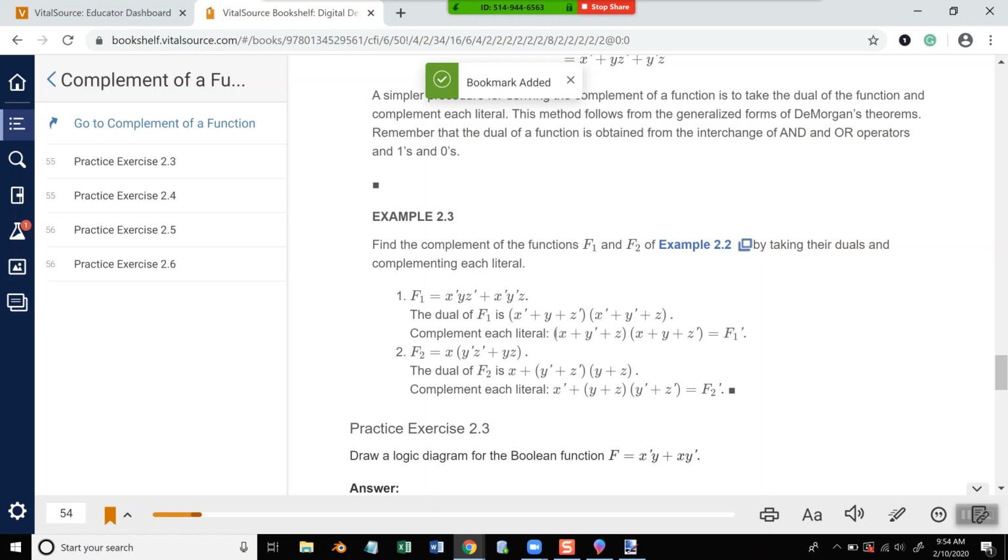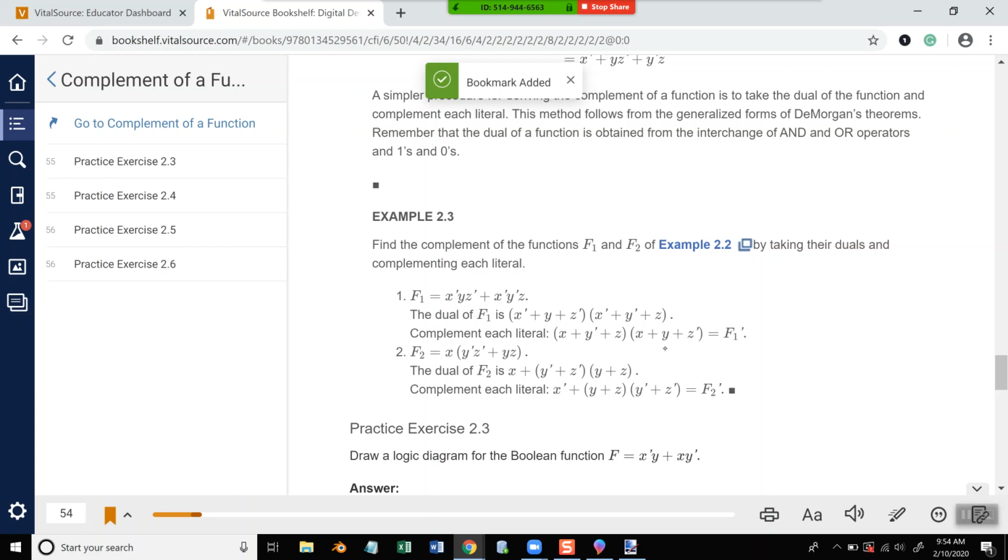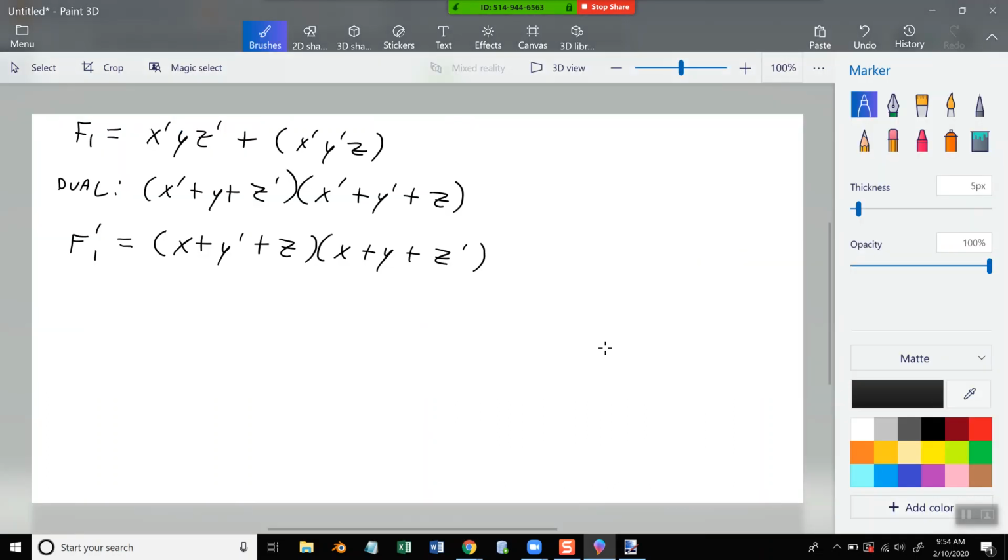The x prime becomes x, y becomes y prime, z prime becomes z, and so forth. So this is x plus y prime plus z, and x plus y plus z prime. And double check that. And that'd be our complement.